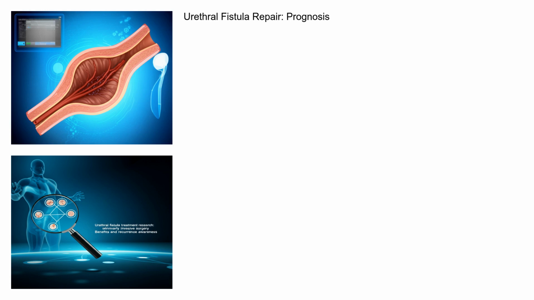The prognosis for urethral fistula repair is generally good, with high success rates achieved through surgical intervention. However, factors like the size and complexity of the fistula, the presence of infection or inflammation, and the overall health of the patient can affect the outcome. Recurrence is possible, especially in cases involving significant tissue damage or infection.